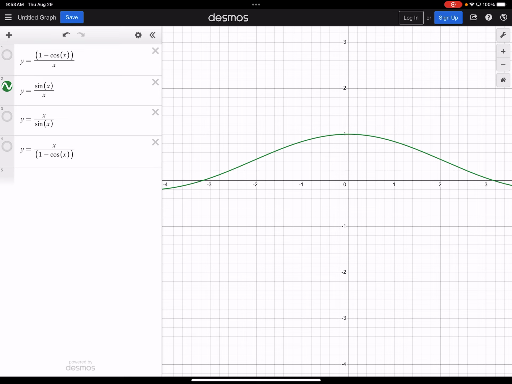Okay, so if we look at the reciprocal, x over sine of x, we can see that as x approaches 0 for the reciprocal, it also ends up being 1. Which makes sense to us, that goes along with whenever we studied the sinusoidal functions and the graphs of their reciprocals.